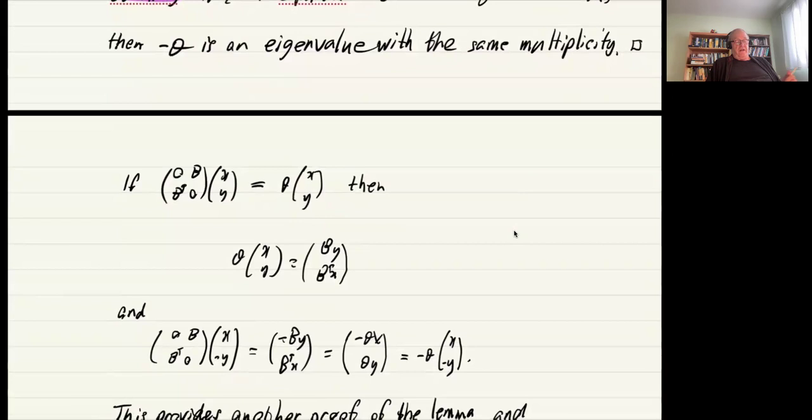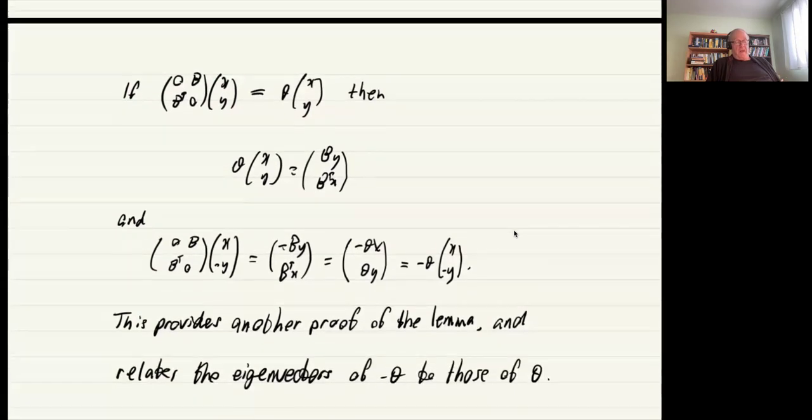And so the assumption here is, okay, suppose I've got an eigenvector. I'm going to write it in partitioned form X and Y. So this is a function of the vertices. X is on the white vertices, Y is on the black vertices. So this is an eigenvector, so this times this must be theta times this. Now, that means that if you multiply this out, you get theta x equals By, so you've got a By and a B transpose x.